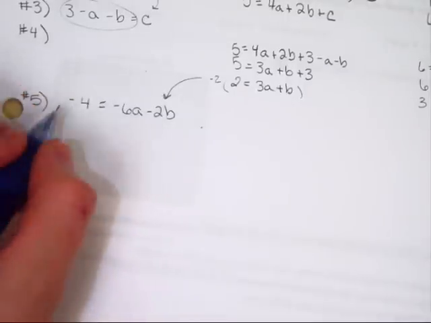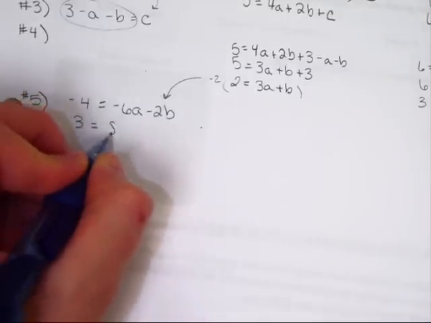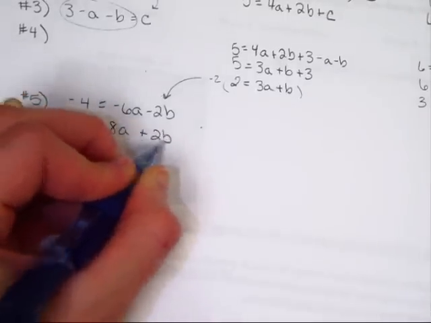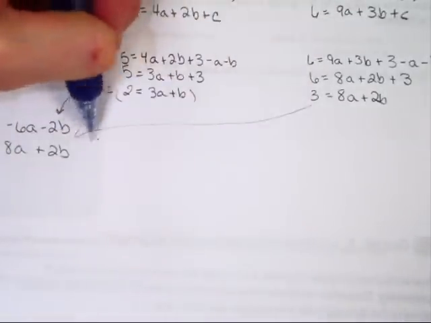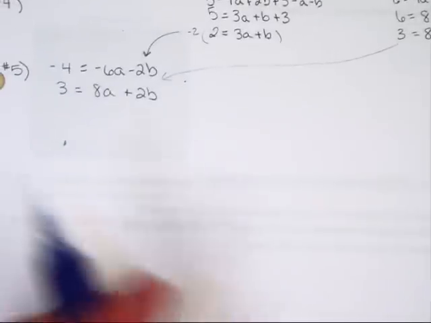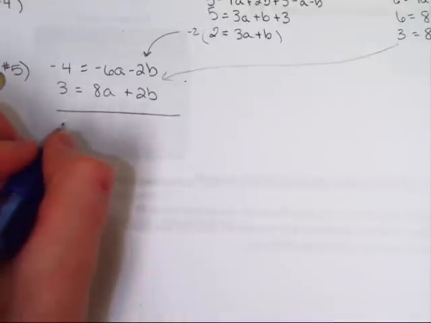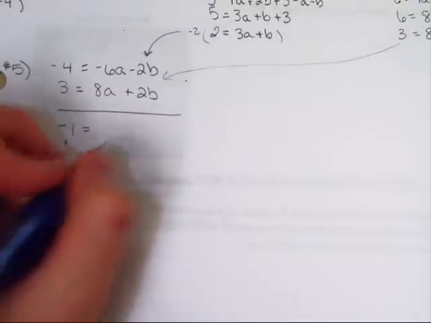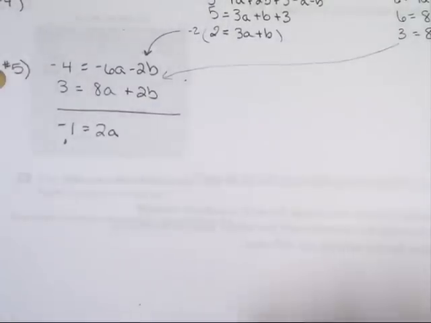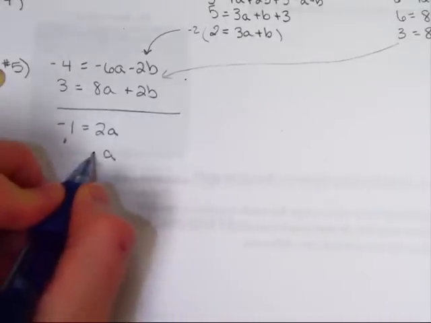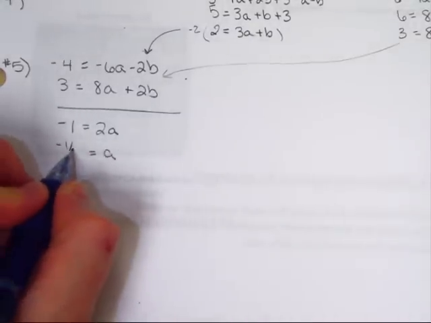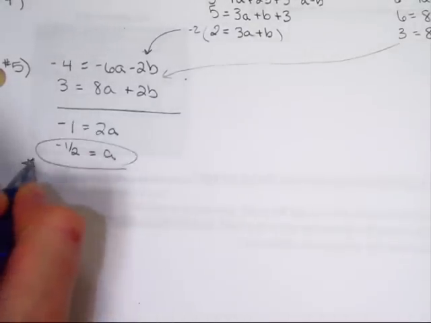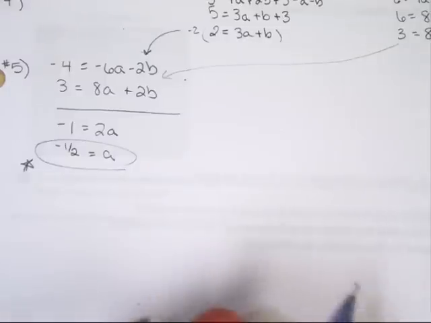Then bring the other one right below it: 3 equals 8a plus 2b. Linear combo: negative 1 equals 2a. a equals negative 1/2. Finally, I have one answer. It gets a little easier from here.